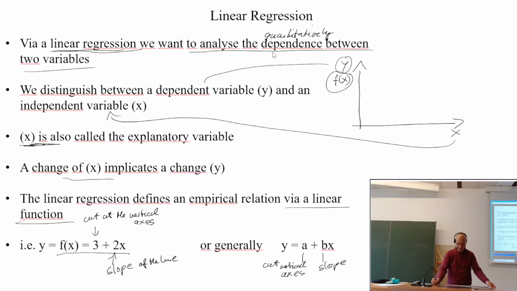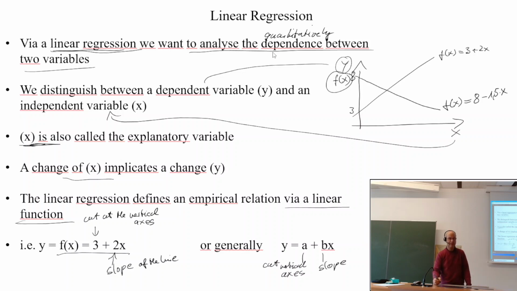Well, such a function looks like maybe this one, f of x equals 3 plus 2x, but we can also think that f of x is maybe, let's say, 8 minus 1.5 times x.